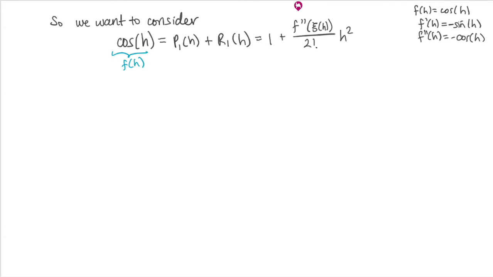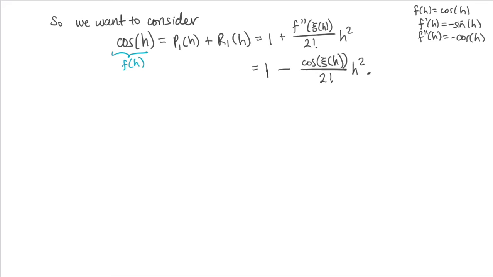I'm going to write c though, because I am evaluating at c of h. So I have 1 plus negative cosine of c of h over 2 factorial h squared. And instead of writing plus and negative, I suppose I can just write 1 minus. Okay.